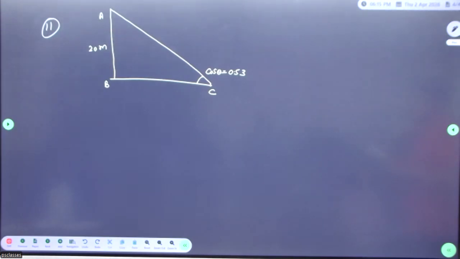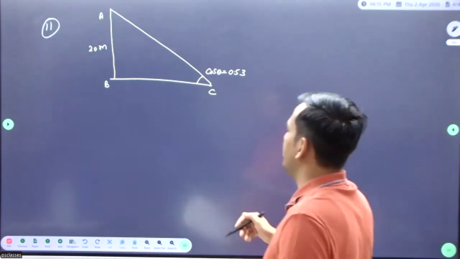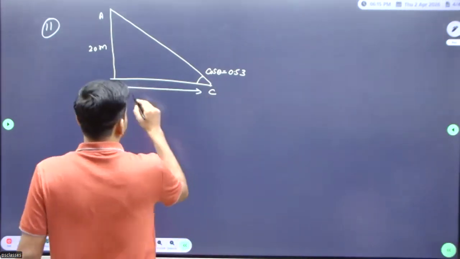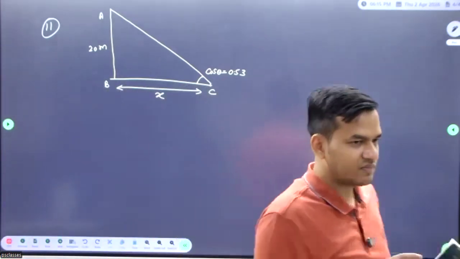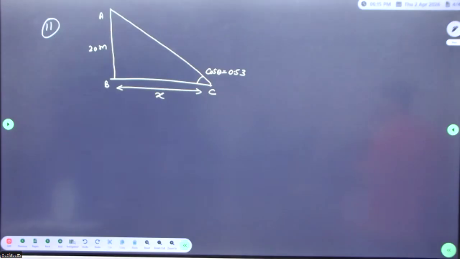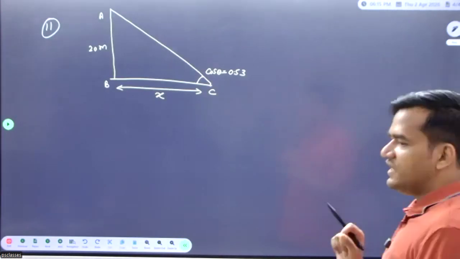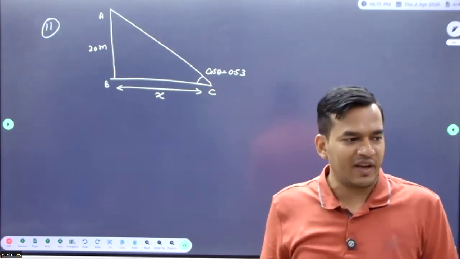How far he is standing from the foot of the tower? So basically we have to find BC, that is, let's say x. Now cos theta is given to you. Cos theta is equal to 0.53.